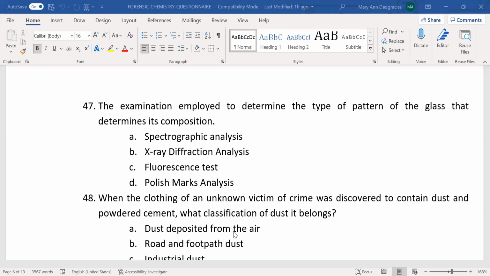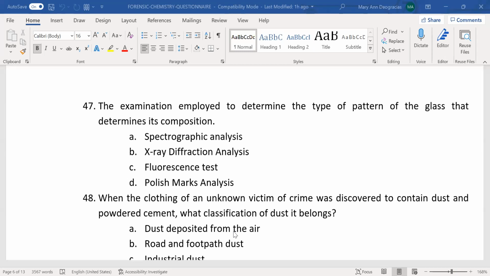Okay, letter B as in Bravo, X-ray diffraction. Spectrographic is, what is to be identified here is trace elements. Take note, ang spectrographic trace elements, baka mamaya yan yung lalabas, no? Ang pwedeng i-analyze using the spectrographic is trace elements sa glass. Pag X-ray diffraction, it's the composition of the glass.